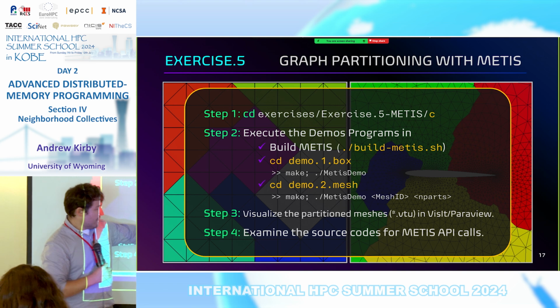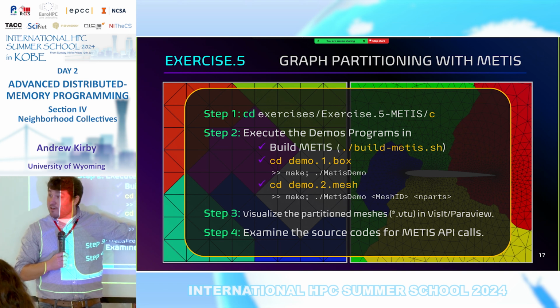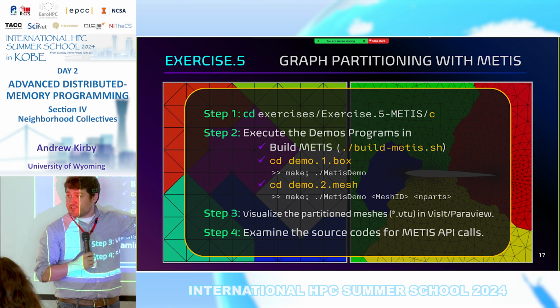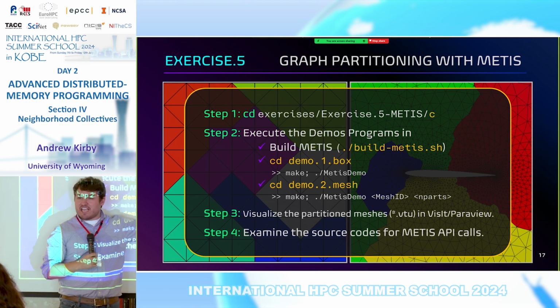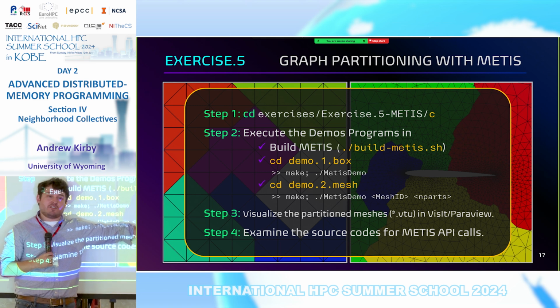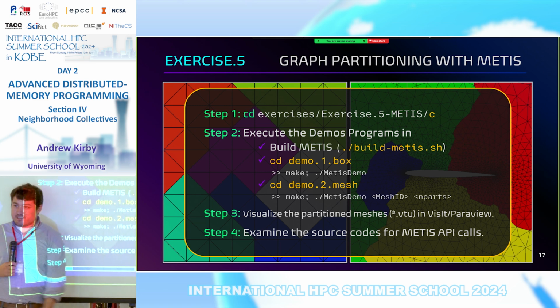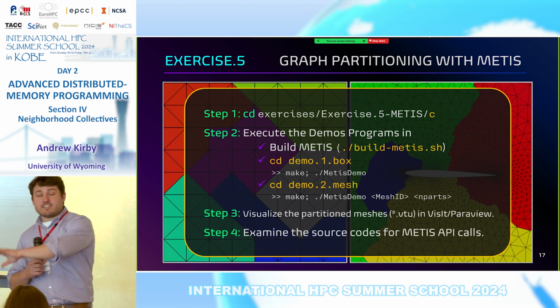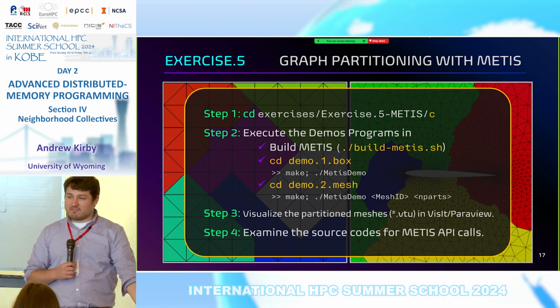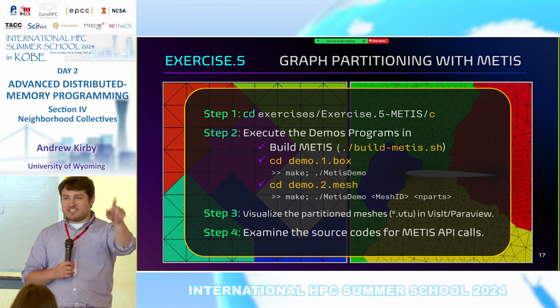But if you want to do an airfoil, you put mesh ID is 2. I think there are instructions that list it. And then you could just say how many parts you want. So, partition it for 7 ranks, and see what it does. Okay? When you run it, it's going to output a file.